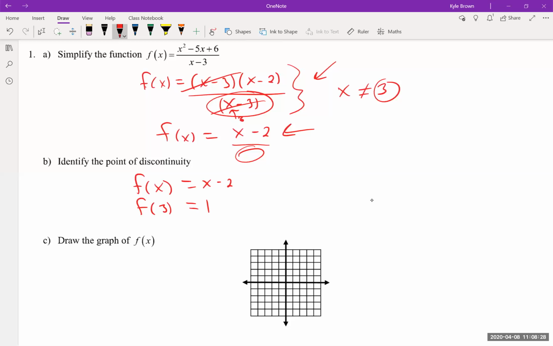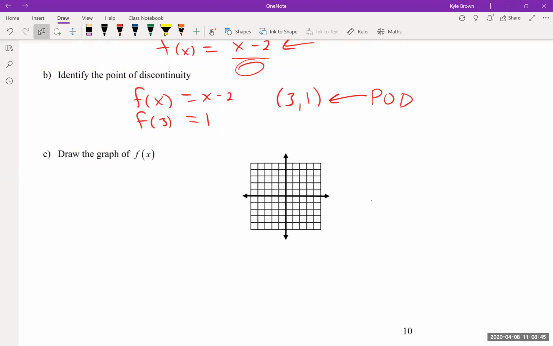So we have at the point 3 comma 1 a point of discontinuity, and I often just write it as POD, or pod. So point of discontinuity.